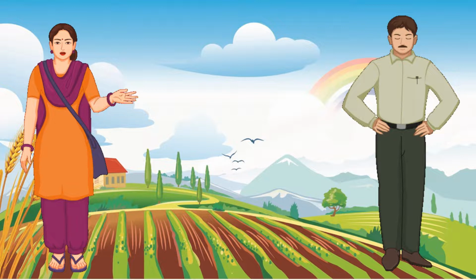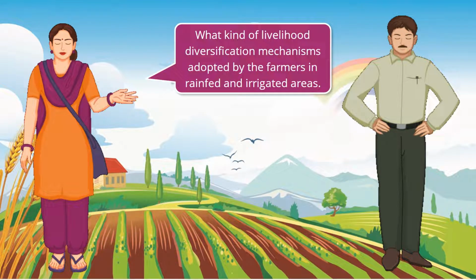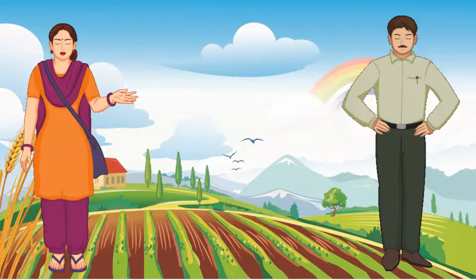You are right, Vinod. Let us try to understand what kind of livelihood diversification mechanisms are adopted by the farmers in rain-fed and irrigated areas.